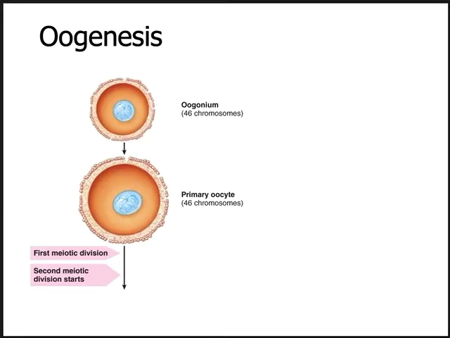Okay, so oogenesis starts out the same as male, where you start with your cell that will go through mitosis, and so it has 46 chromosomes with sister chromatids.